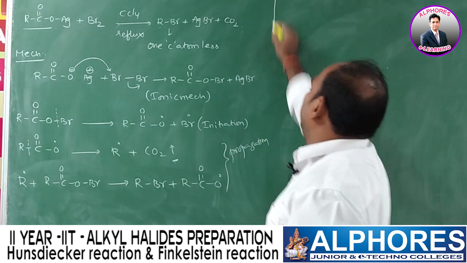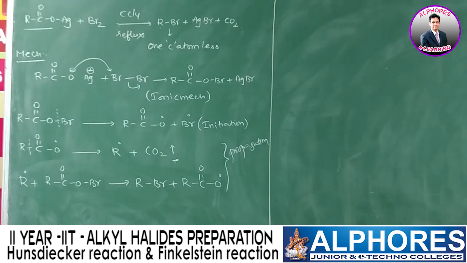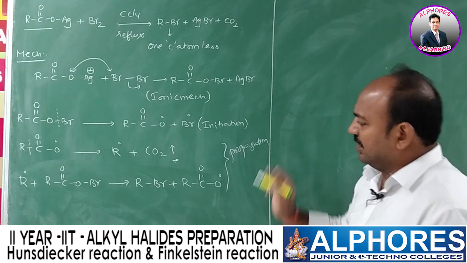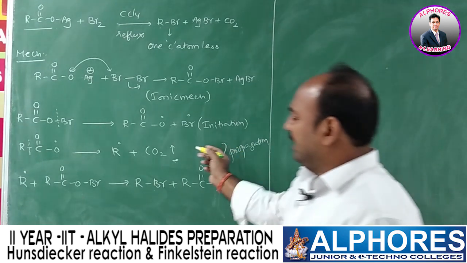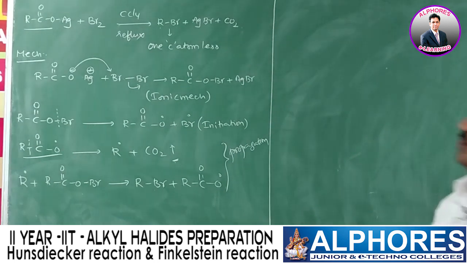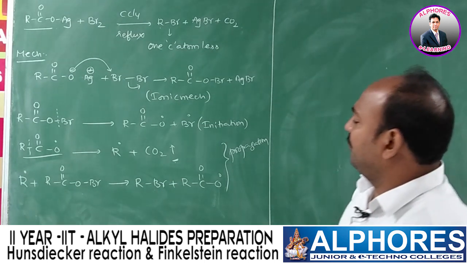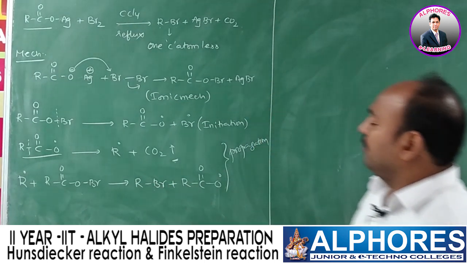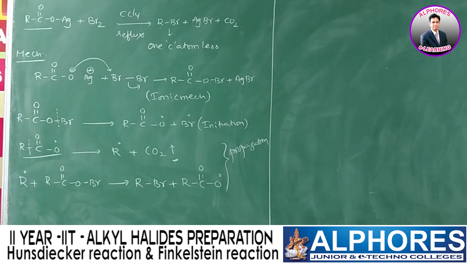From this mechanism it is very clear that the alkyl radical is an intermediate. Along with that, the acyl radical, RC=O radical, is also an intermediate. There are two intermediates. Now, which alkyl halide can we prepare with good yield?